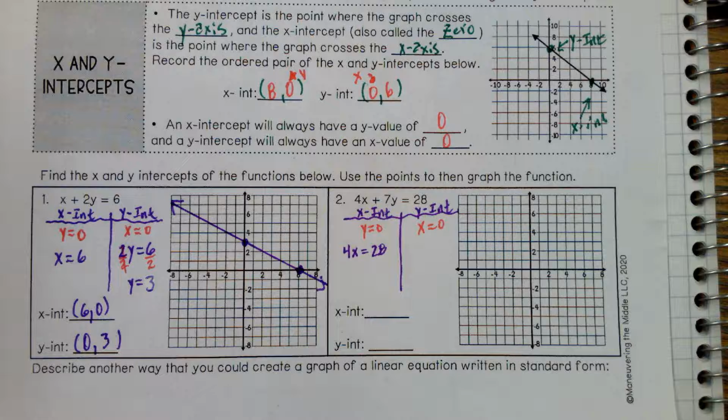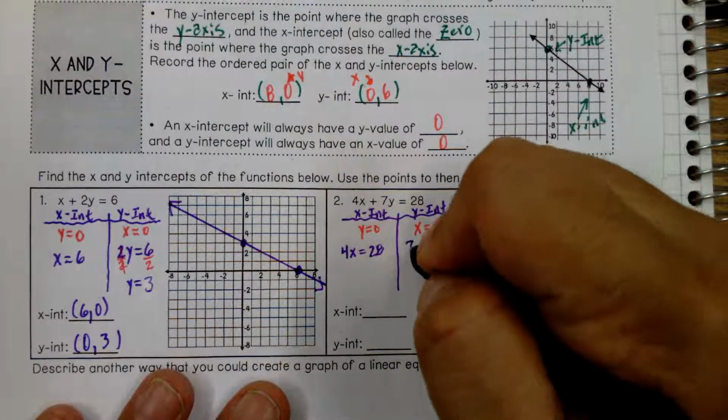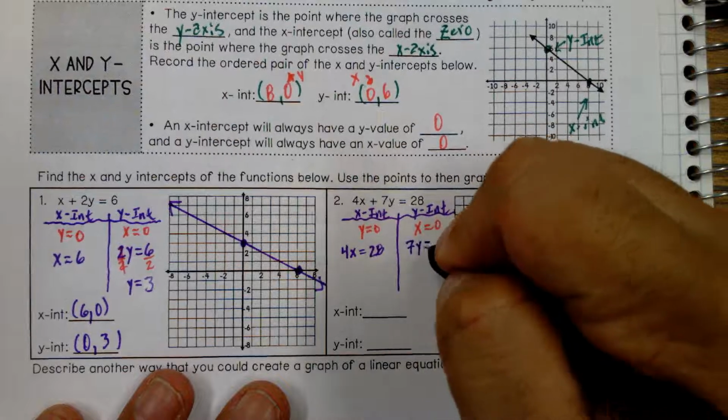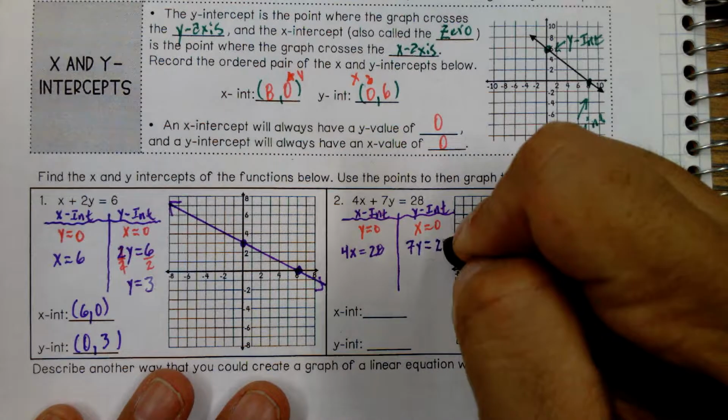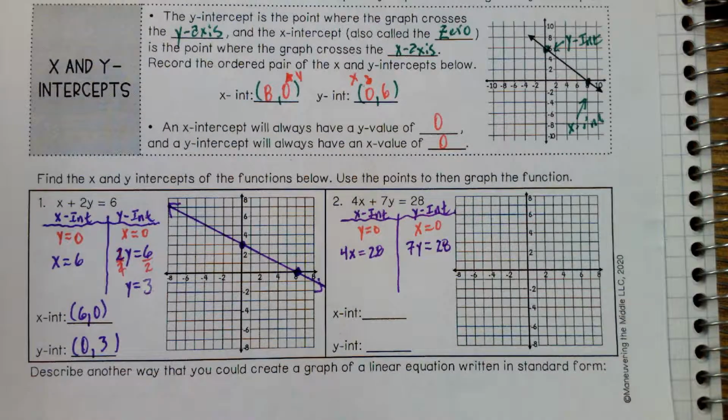So the zeros eliminate one of the terms, either the x term or y term. And then just write the coordinates.